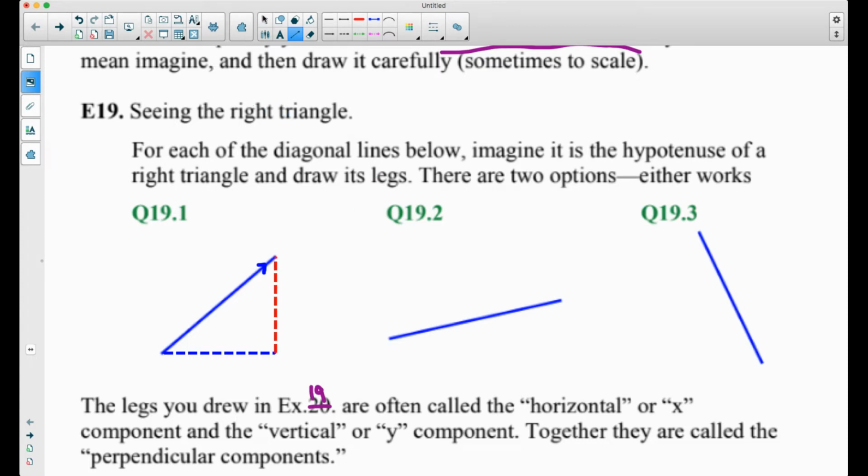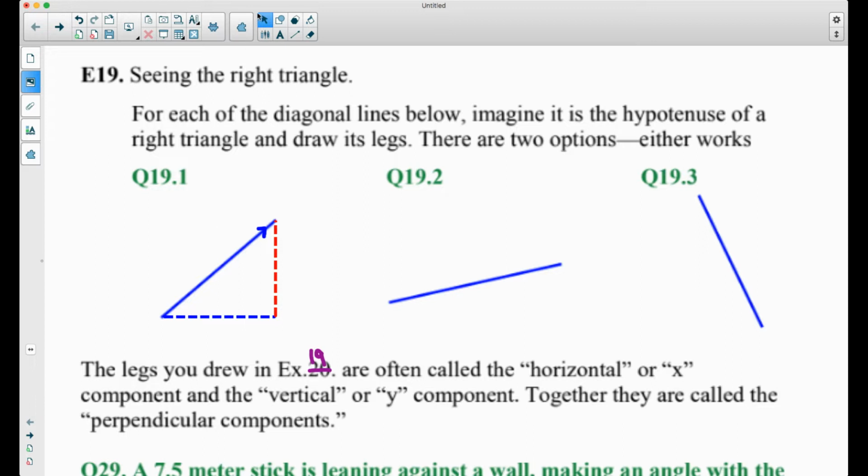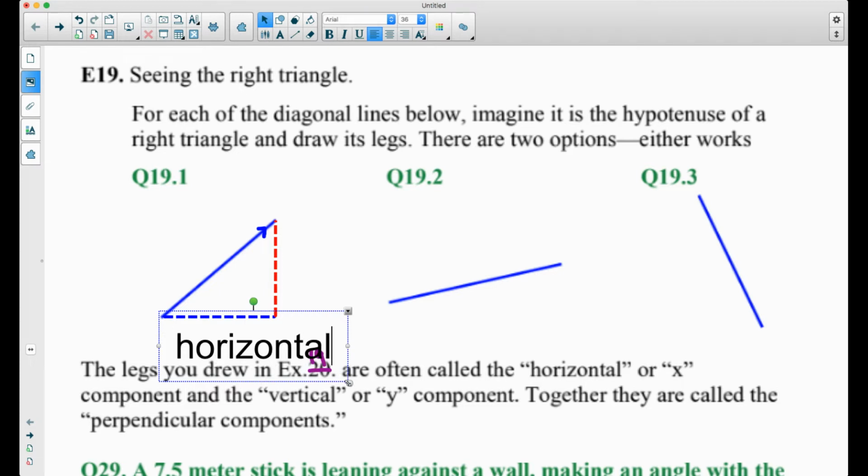There it is. What I just drew here are called components. This one down here in blue, you would call the horizontal. Shrink that font down a bit. This is the horizontal, or X component.